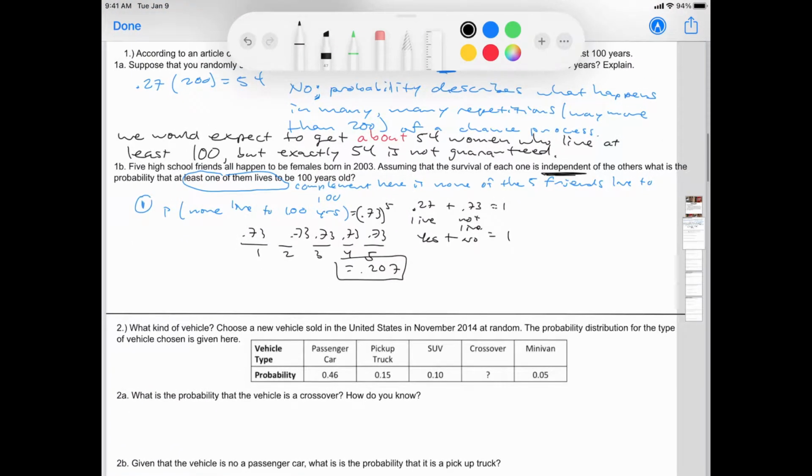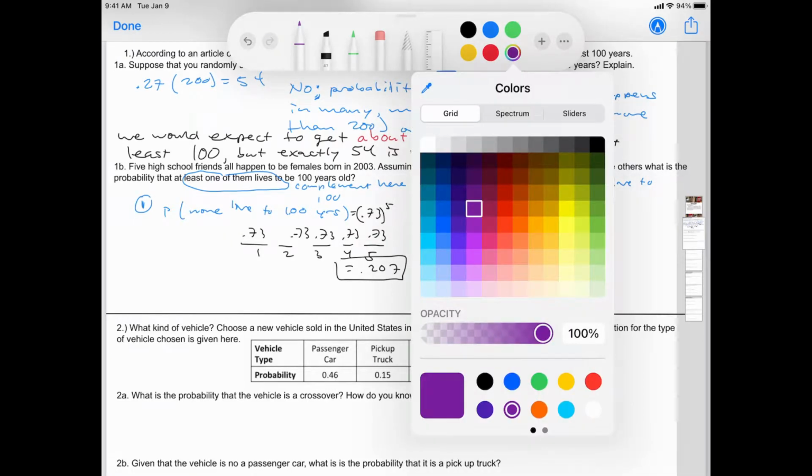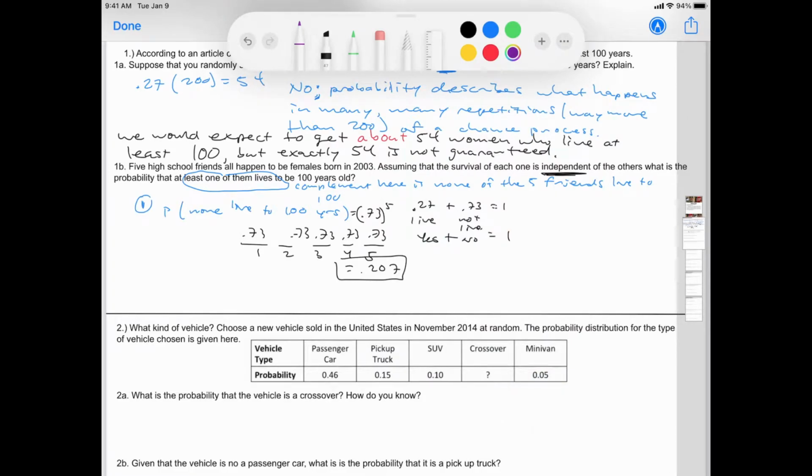Okay, so to get at least one, now use a darker color. So the second part is then the probability that at least one of these lives to 100 years is using the complement, which is 1 minus the probability that none live to 100.